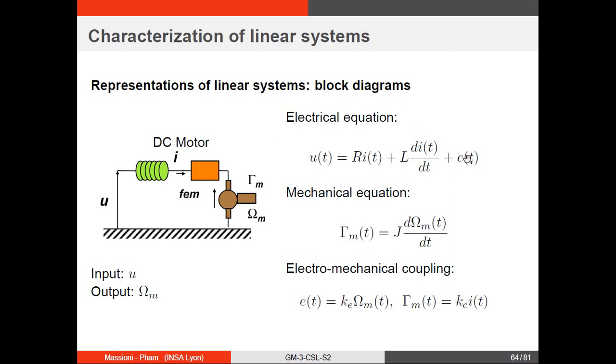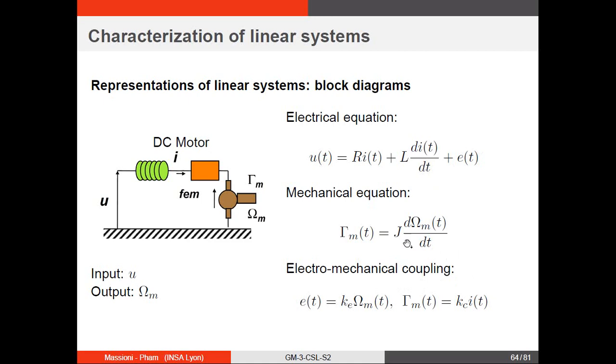Then in this equation I would probably be the output of this system over here. Then we have a mechanical equation with the derivative of omega, of the angular velocity, appearing as a function of a momentum here. And then there are some electromechanical couplings given by scalar equations. So actually these are a little bit more tricky, because in these two the causality is obvious.